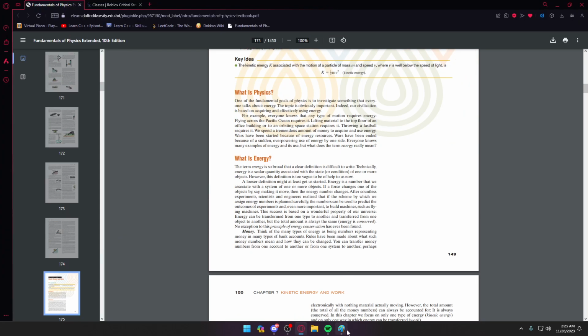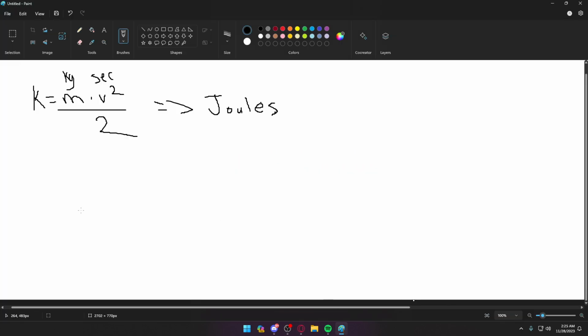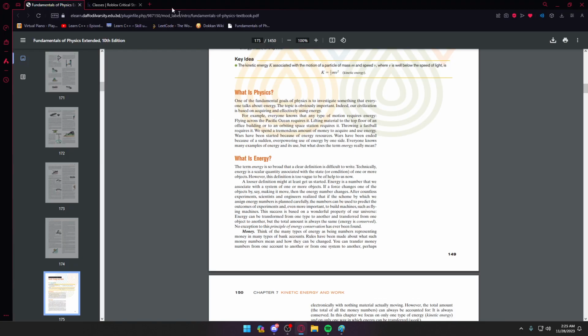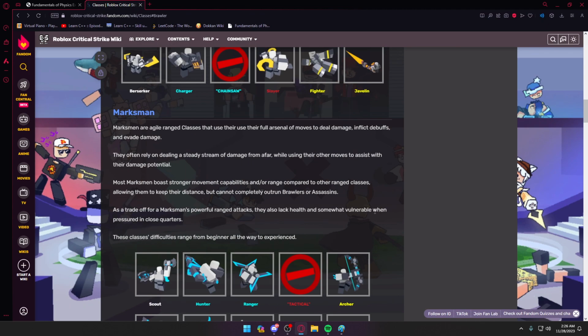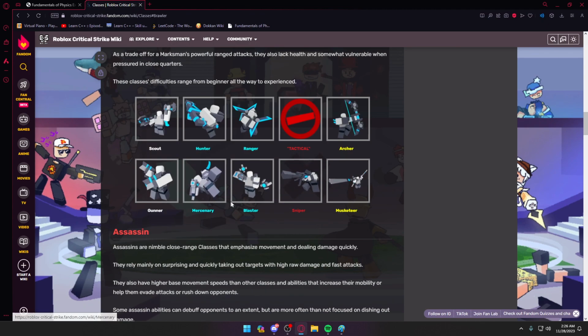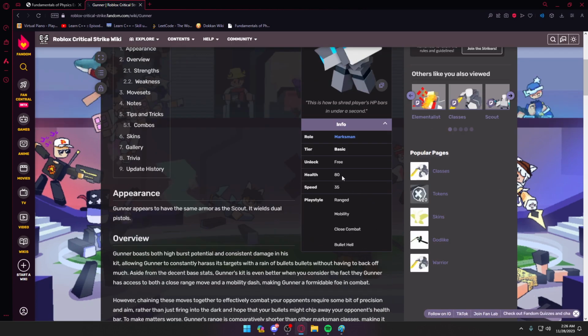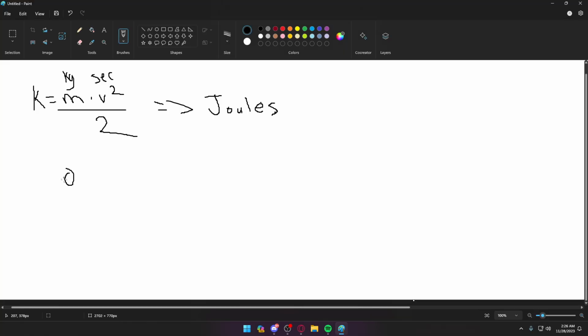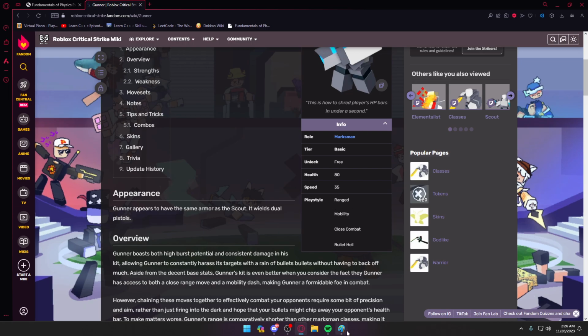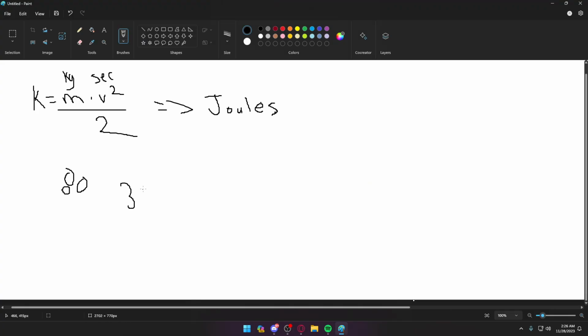I'm gonna be going over an example problem real quick. Let's say you have Gunner, right? Gunner has a health of 80, so we'll have that as his mass, and his speed is 35, right? We'll plug his numbers into the formula for kinetic energy.